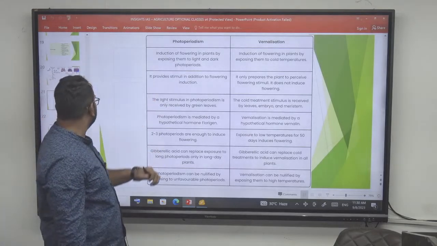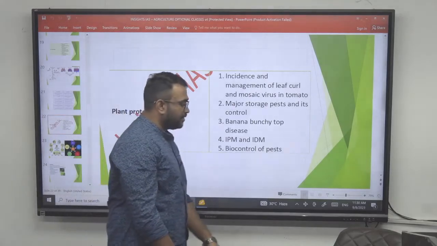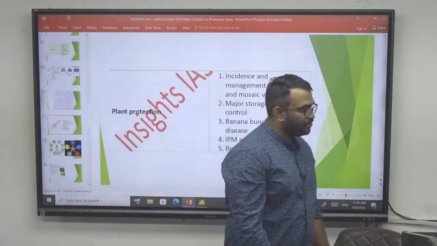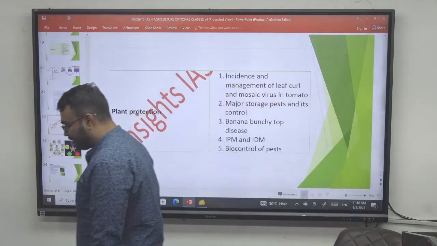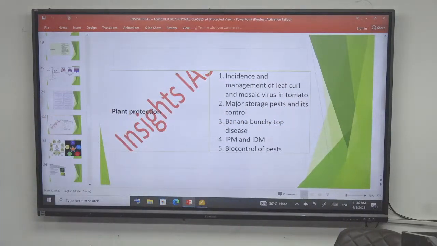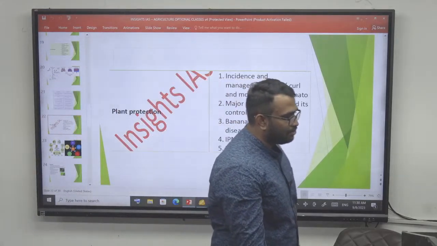Right? So basically leaf curl is transmitted by, any idea? It is by whitefly, yes or no? It is transmitted by whitefly, and mosaic virus is transmitted by aphid, correct? So these two differences you should know, correct? Basically both are what?